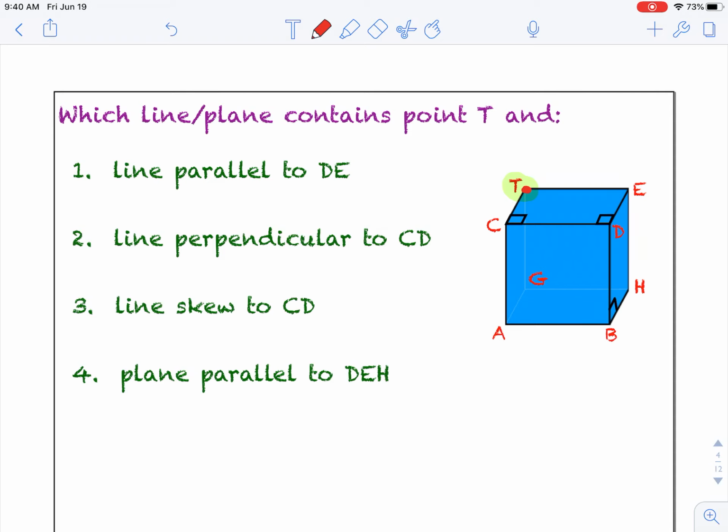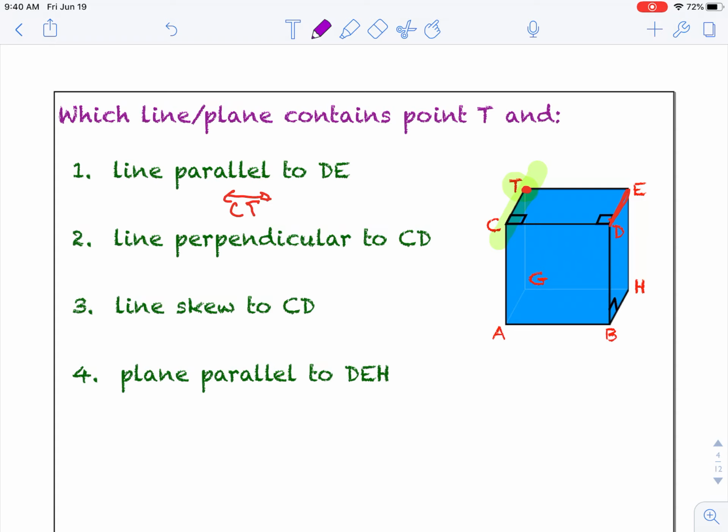So it has to contain this point T right here, but also has to be parallel to DE. So here's DE right here. What line would contain it and also be parallel to it? That would be CT. So we would write line CT with the line symbol over the top.